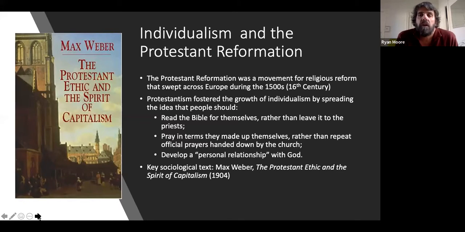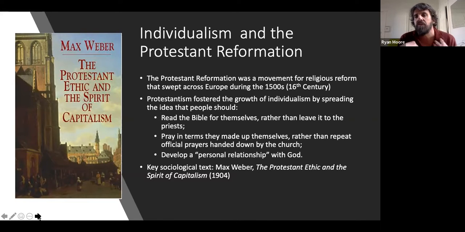Now, with the Protestant Reformation, as I mentioned, this is a kind of cultural and religious and intellectual transformation that one can see as being complementary to, in harmony with, the economic changes that were taking place with the rise of capitalism and then with the later Industrial Revolution.